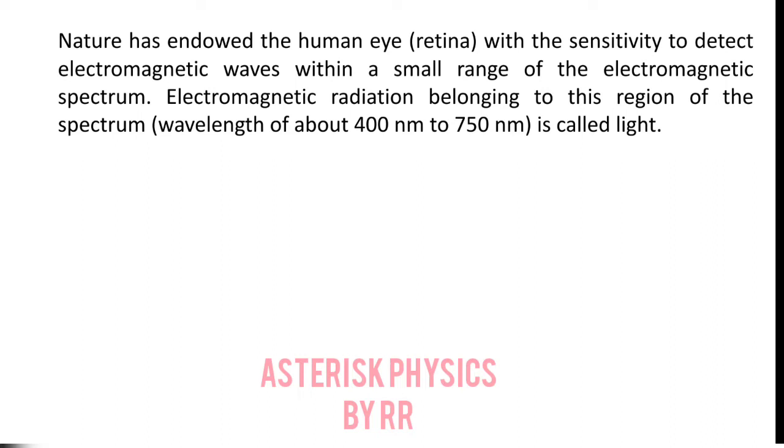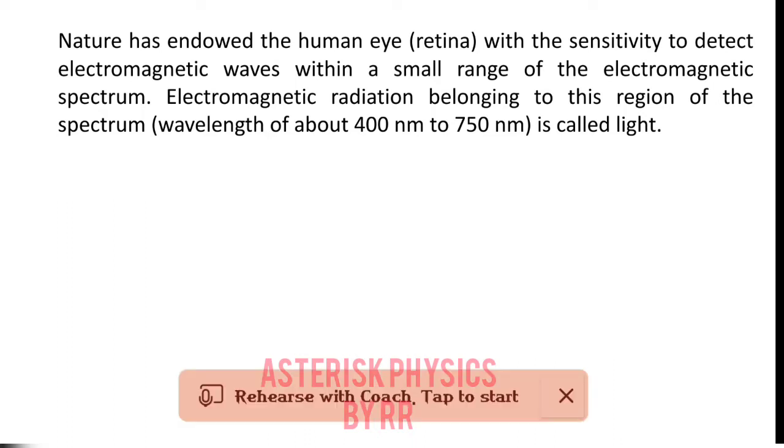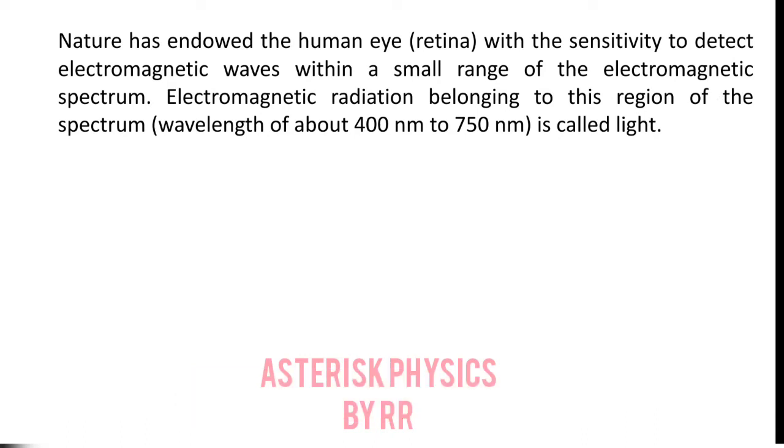The wavelength range is from 400 nanometer to 750 nanometer. So those rays whose wavelength ranges between 400 nanometer and 750 nanometer produce a sensation of vision in the human eye.